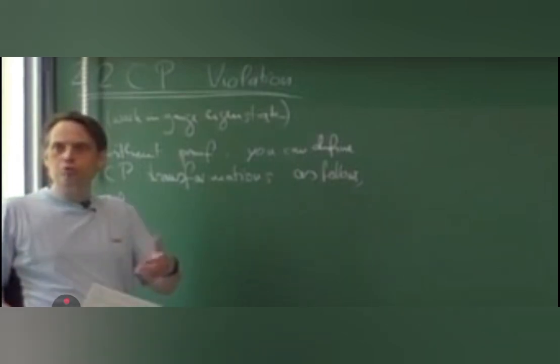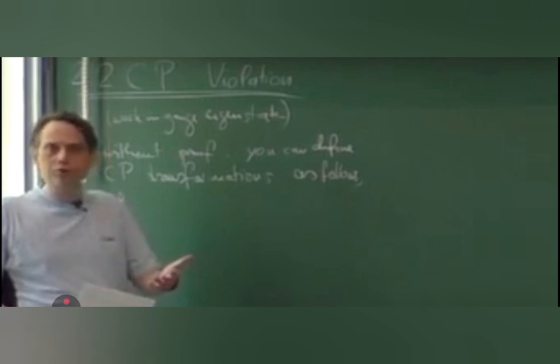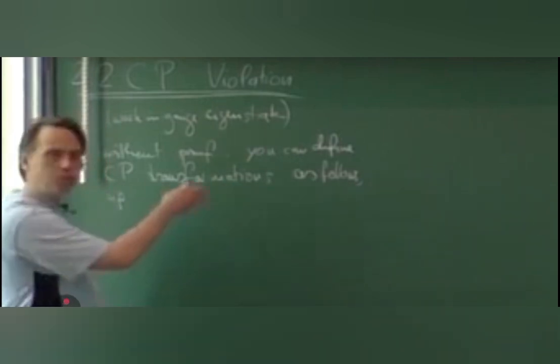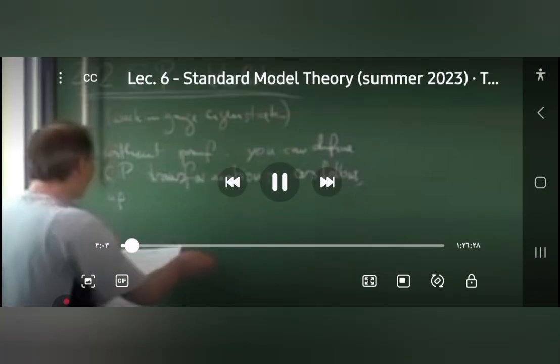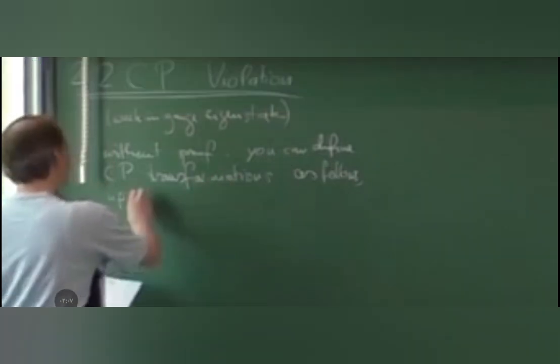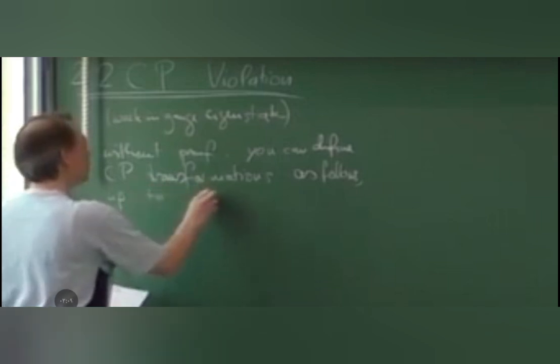You could redefine them by complex phases without changing their physical content, and therefore the following transformations for CP also involve some ambiguity, so as follows up to complex phases.